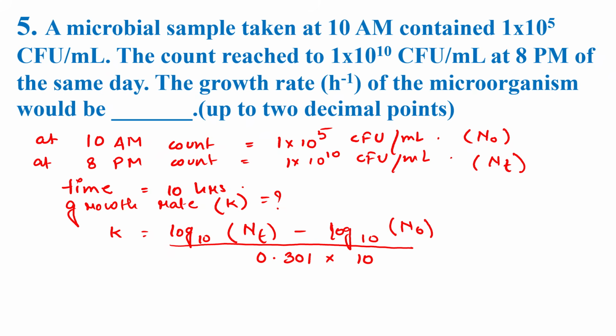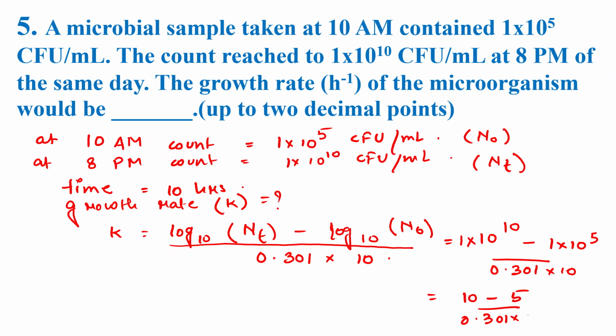So we'll just put the values, 10 minus 5 by 0.301 into 10, that is 1.66 per hour. So the growth rate of the microorganism will be 1.66 per hour.